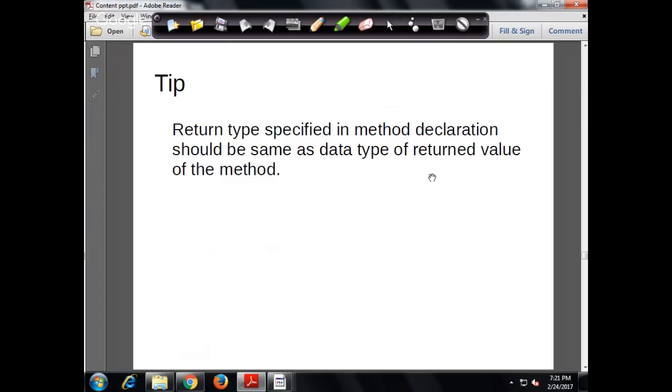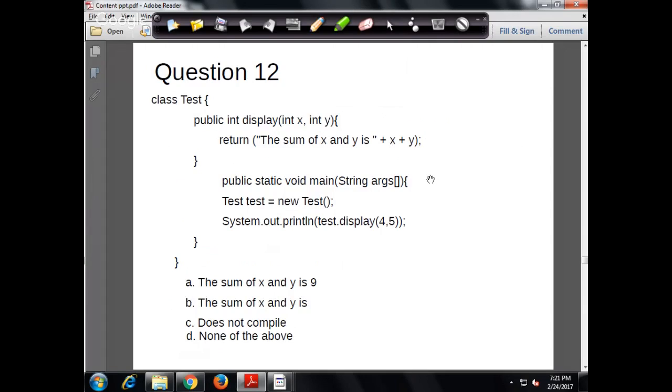So I've displayed the tip and now I'm displaying the question again. Those of you who have not yet answered, just try to revisit the question with what you have learned from the tip. Azra says answer 9. Okay.